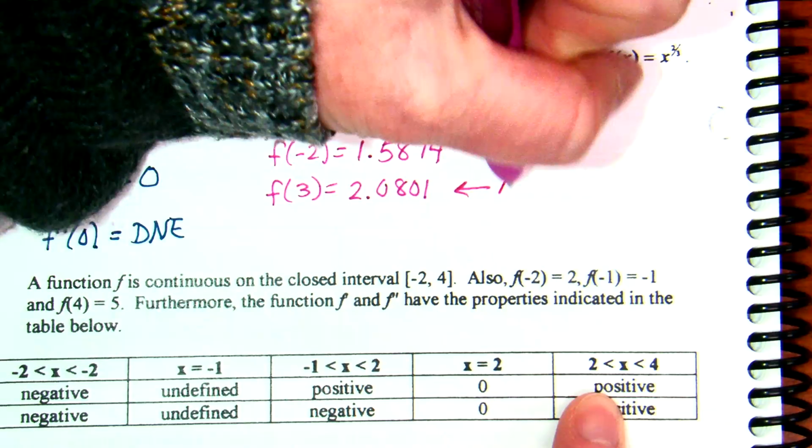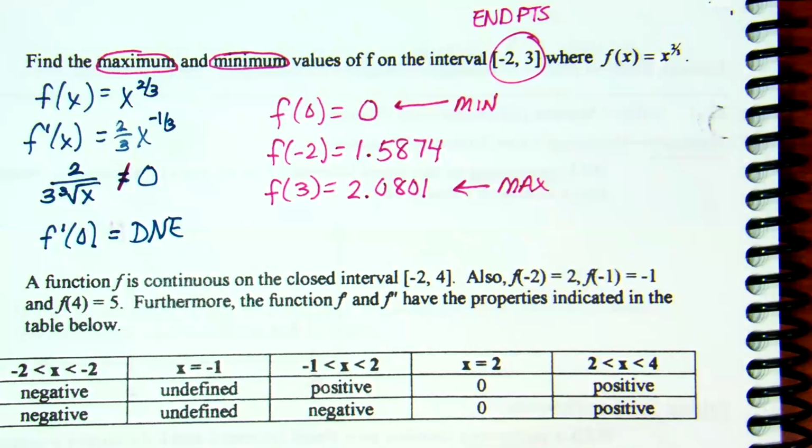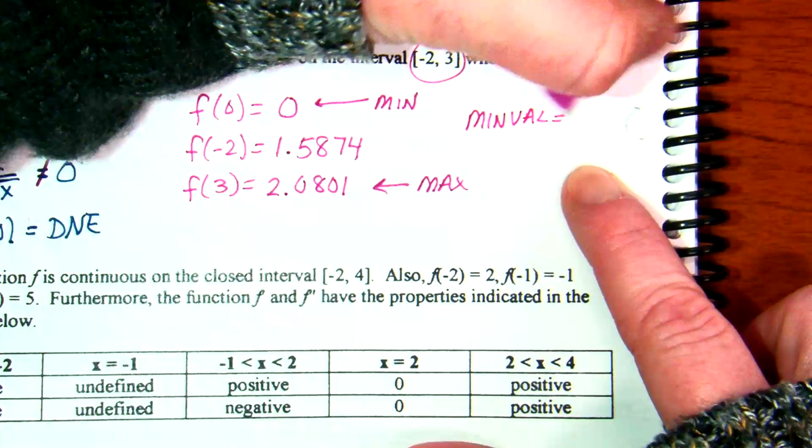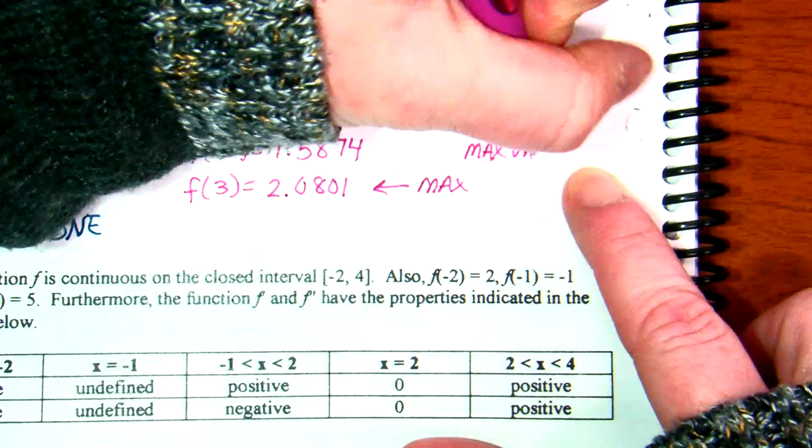So my minimum value is 0. My maximum value is 2.0801. Again, remember for max and min values to give me the y values.